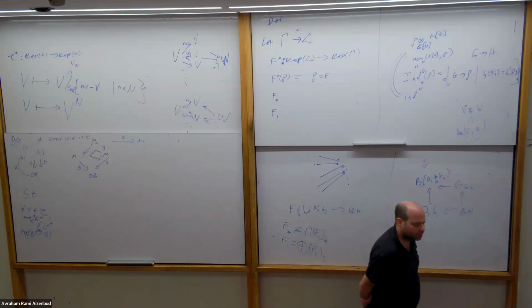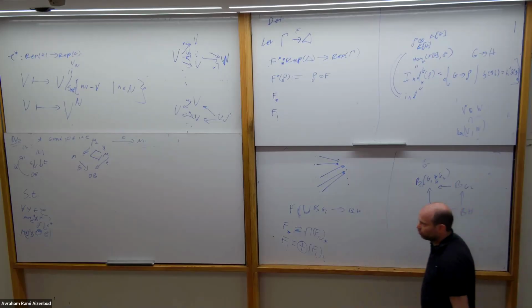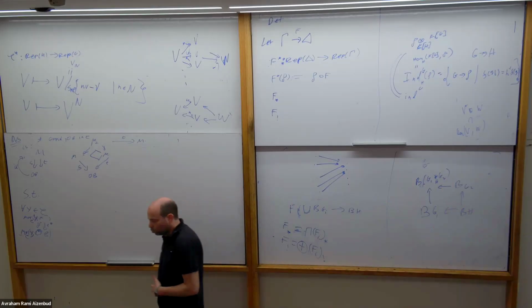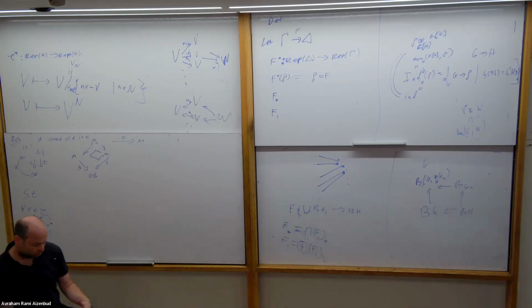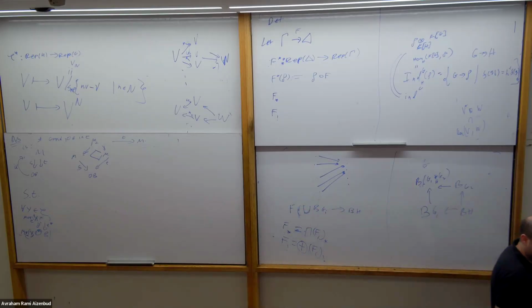A groupoid object in C: the idea is that the collection of all objects in our groupoid object is going to be a single object in C. This is the idea of the notion of groupoid object. Like when you do a group object somewhere, your entire group is going to be a single object in C. So a group object in topological spaces is a single topological space with a notion of product.